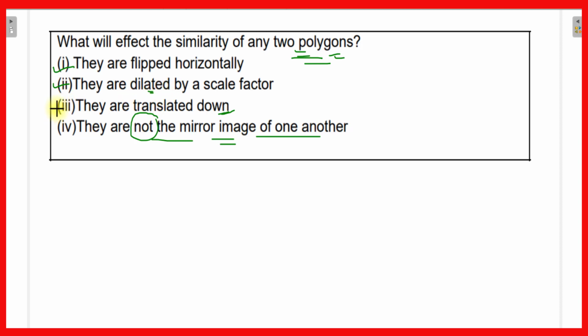Or even if they are translated down, they will not affect the similarity of any two polygons. But if they are not the mirror image, then it will affect the similarity of two polygons, and therefore the correct option will be 4, that they are not the mirror image of one another. Now let us move to the next question.